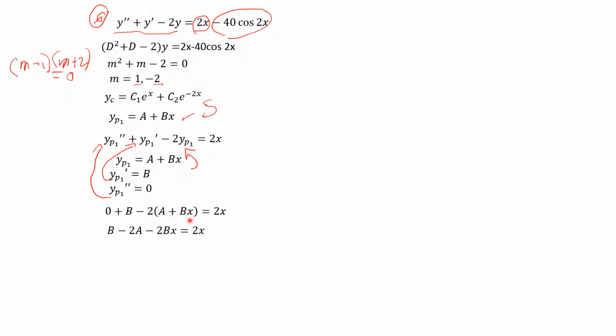Simplify this: it is the same as b minus 2a plus negative 2bx equals x.